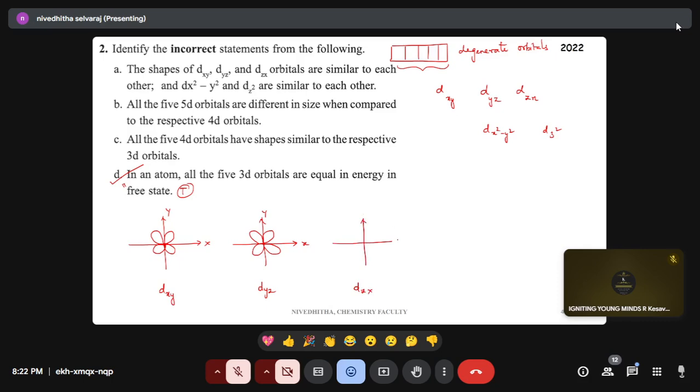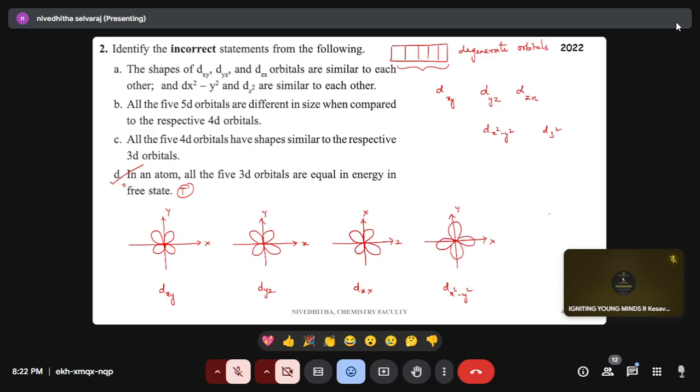This is the z-axis and this is the x-axis, and the lobes are between them. Now I'm going to draw dx square minus y square. This is the x-axis and this is the y-axis, and the electron density is on the x-axis and y-axis, right?